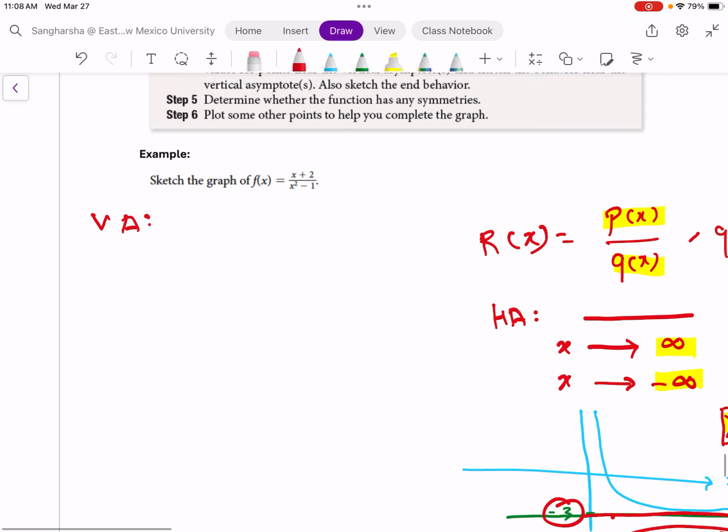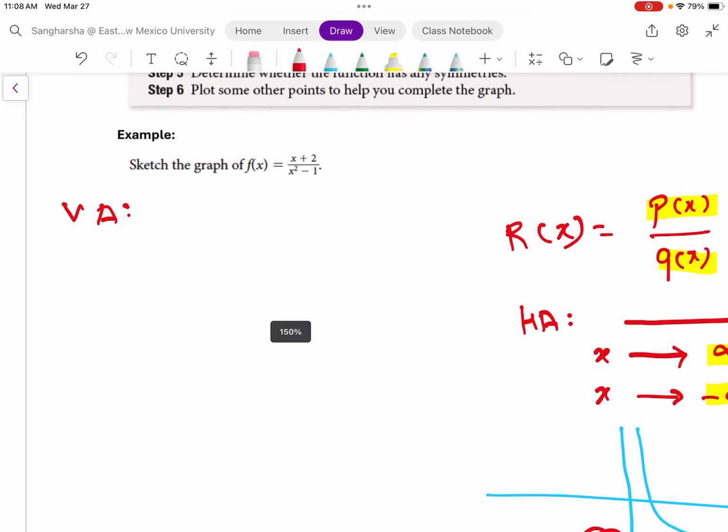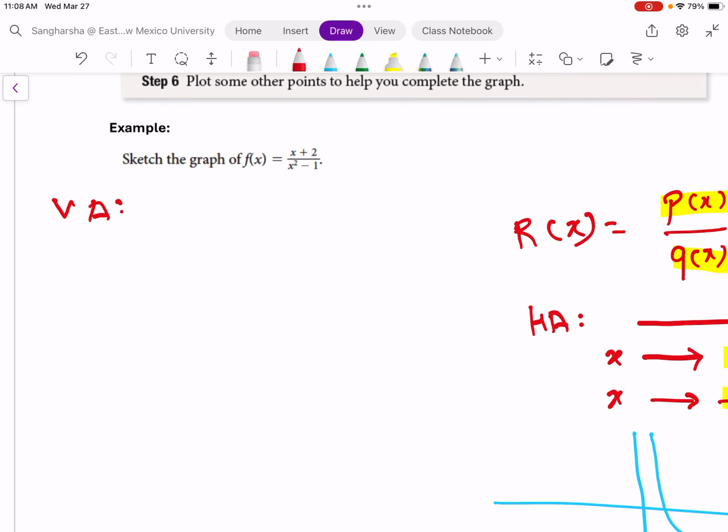And for this function, finding the vertical asymptote means we are finding x such that its denominator is equal to 0. Now for what x value is the denominator equal to 0? So for what x do we get denominator equals 0 here? 1.